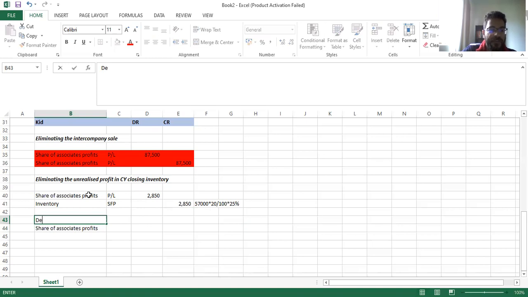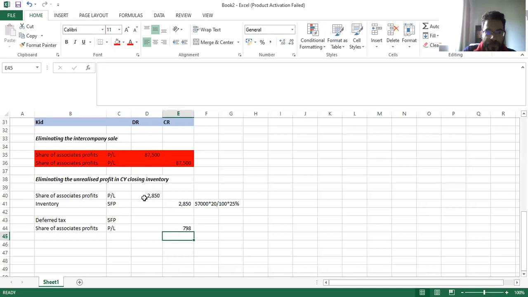And then here we'll have deferred tax, SFP. So it's going to equal that times 28%. So the important aspect is that when you're dealing with the associate's income statement, you call it share of associate's profits. When you're dealing with the associate's balance sheet, you call it investment in associate. That's the basic rule. So that is the first one.